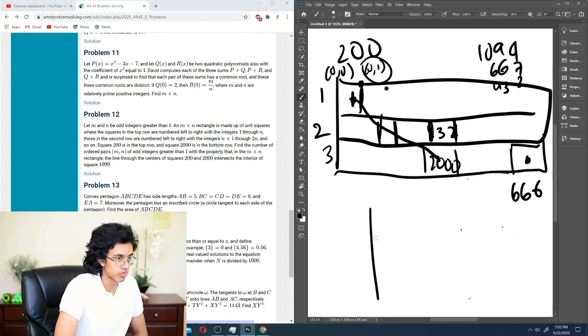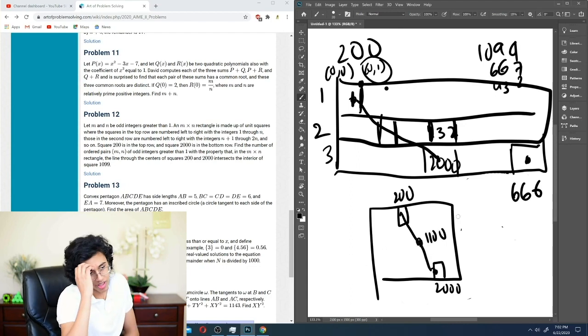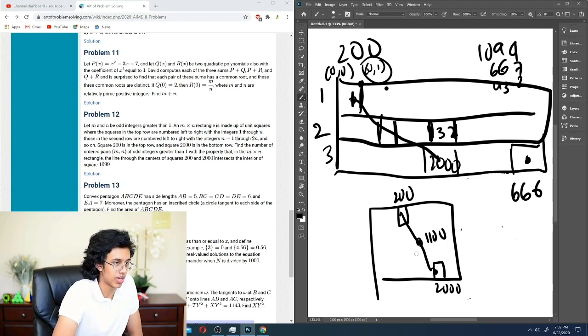Okay, let's think about it this way. So you got your 200 somewhere here, and your 2000 is somewhere there. Wait, shouldn't it just be exactly half of this, right in between? So in this case, shouldn't it just go directly through whatever this is, 1100? Wait, so if it goes through 1100, then the only way that it goes through 1099, which is right there, will be if the slope goes like this.